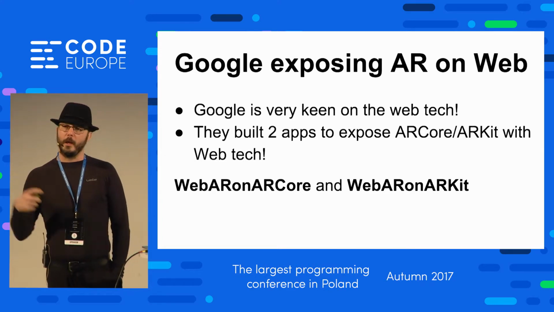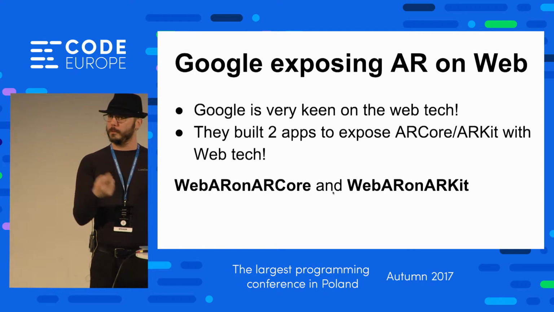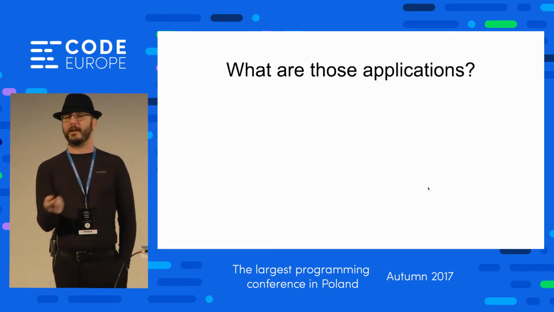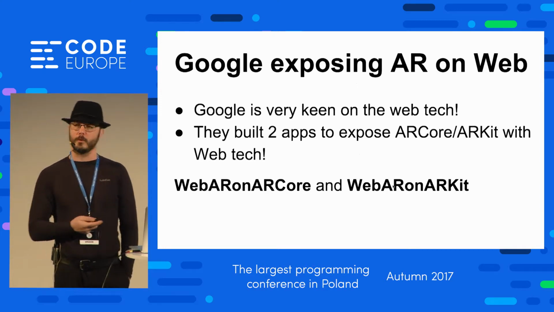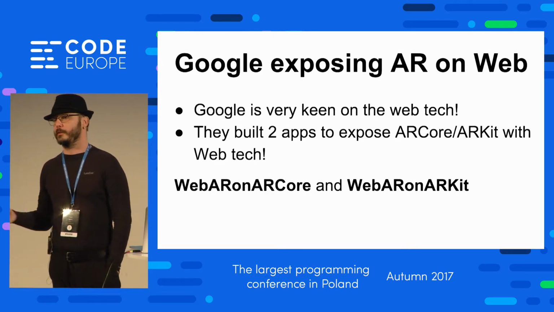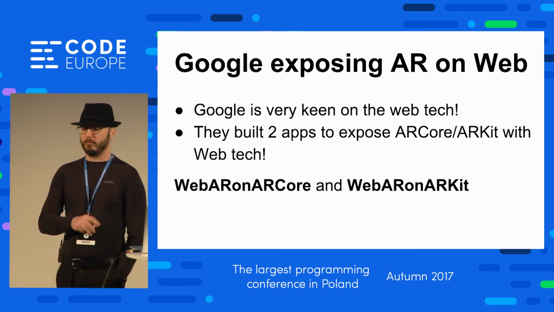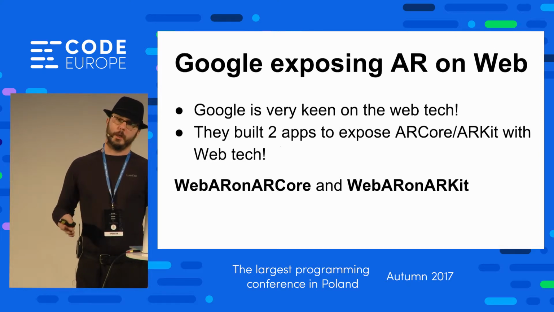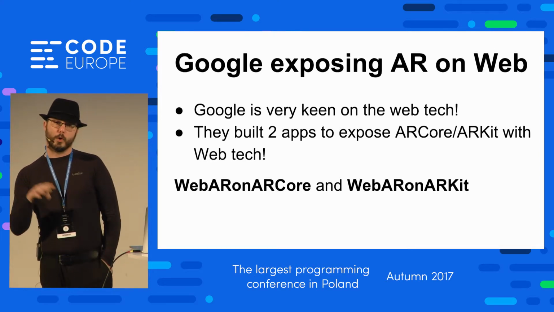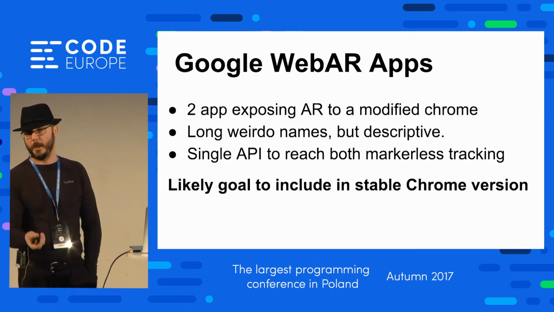Google exposing AR on the web. Google, by tradition, that's like their trademark, they push web technology. This is all they do. Apple pushes its store, and Google pushes web technology. Very short caricature. So what Google did is they took Chrome, made a modification of it, and published that as 2 applications.